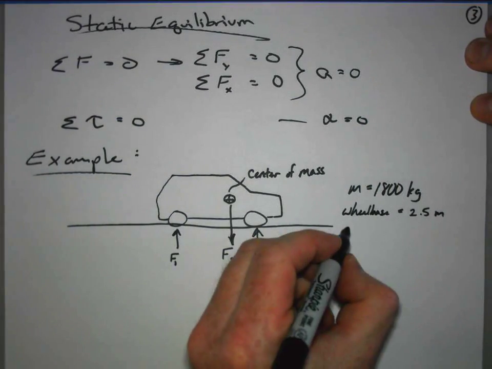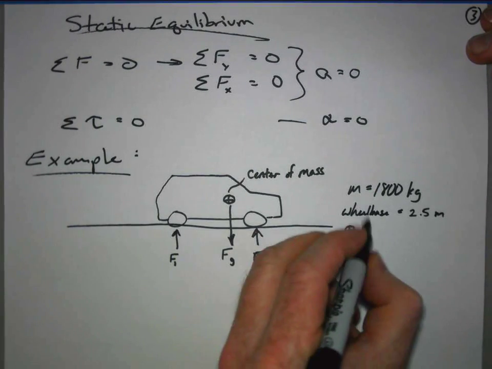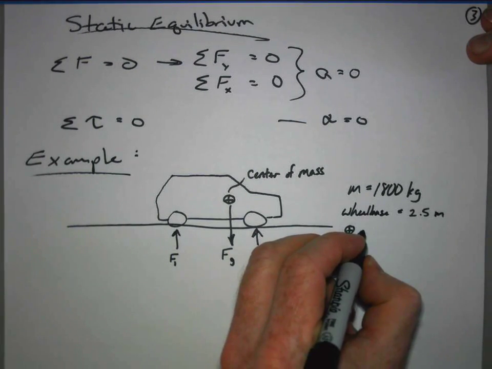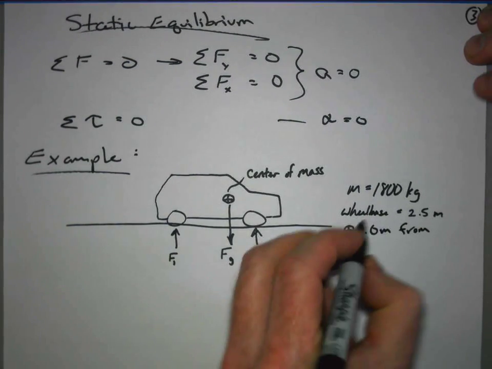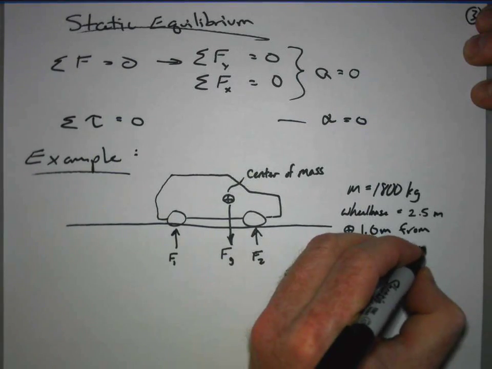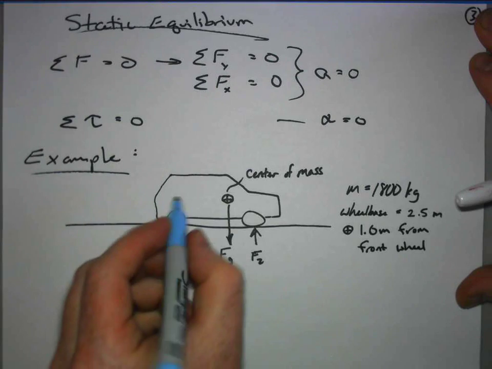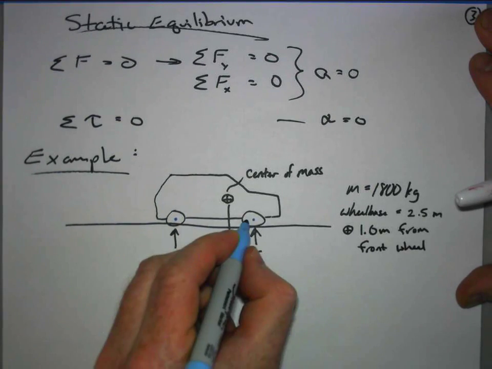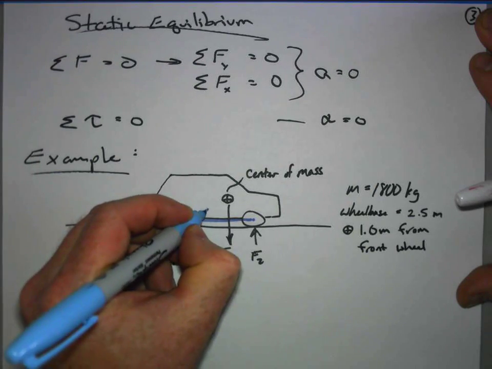And let's locate the center of mass. Let's go 1 meter from the front wheel. This is 1 meter horizontally, so I can identify a couple different dimensions here. I have a distance between wheel centers. That's 2.5 meters.